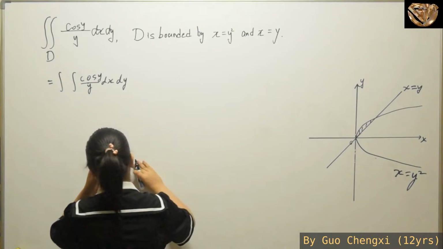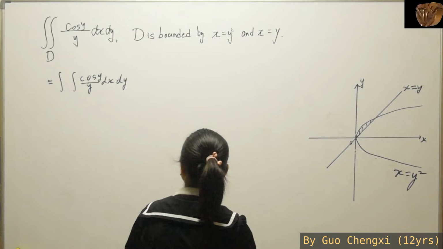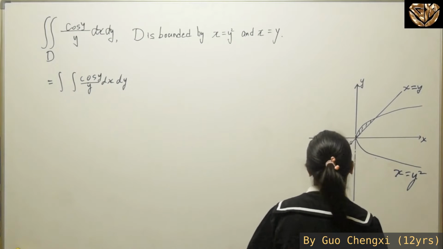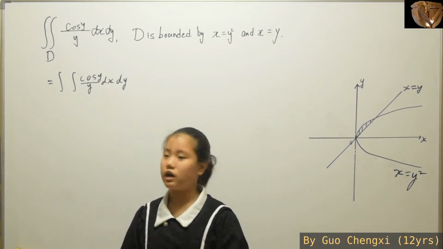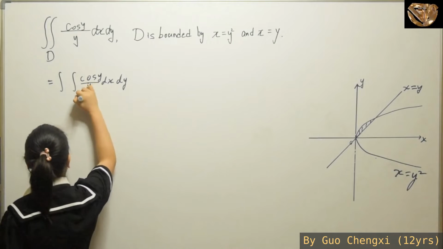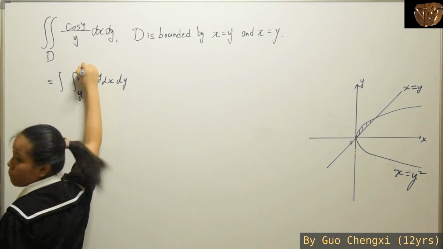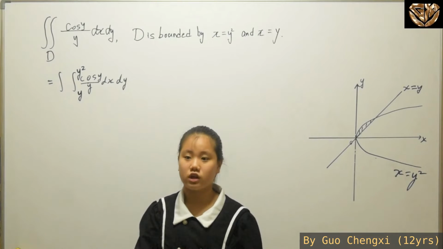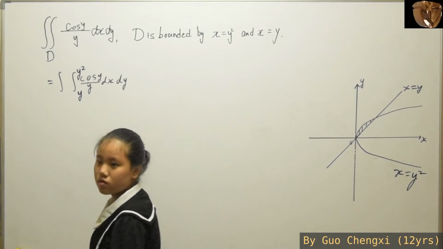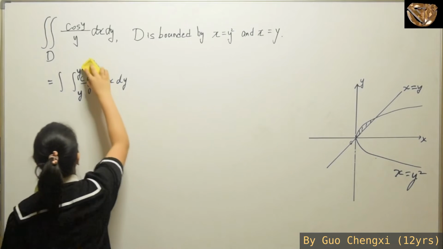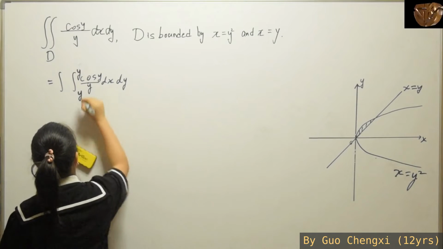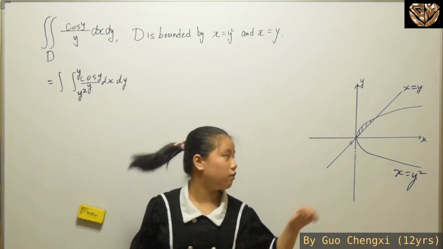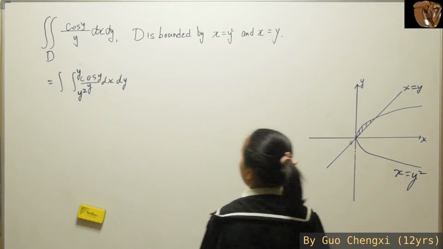what we're going to have is, so for x for this part, does it go from y to y squared? Well, over here it is like this, okay? Okay, so for this part, oops, over here it is from y squared to y.